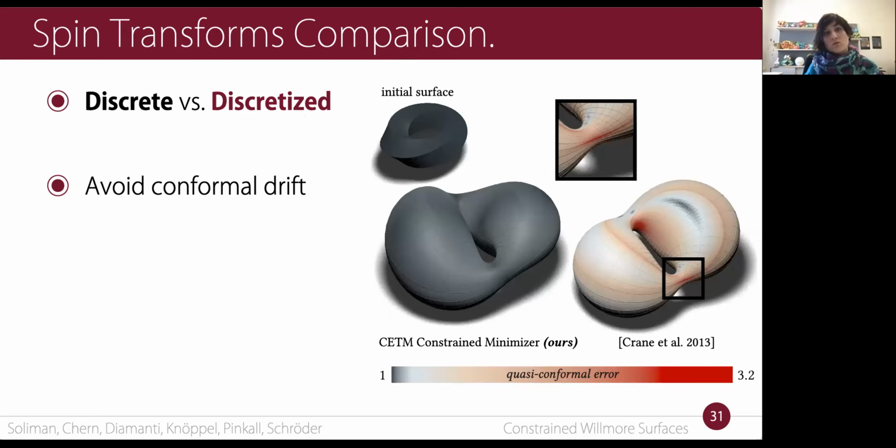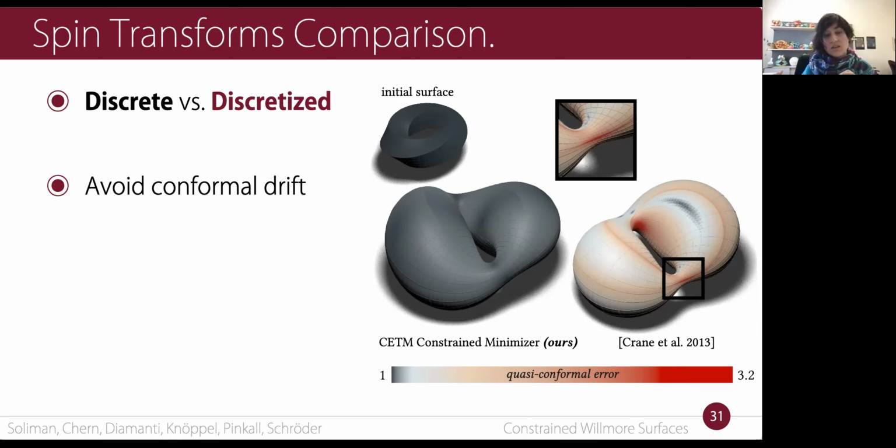Another thing to mention is that we are using a completely discrete notion of conformal equivalence, the CETM. This is in contrast to other methods like Crane et al. 2013, where a discretized version of conformality was used. There, one was trying to get to conformal equivalence by approximately discretizing smooth conformal deformations in some kind of piecewise linear fashion.